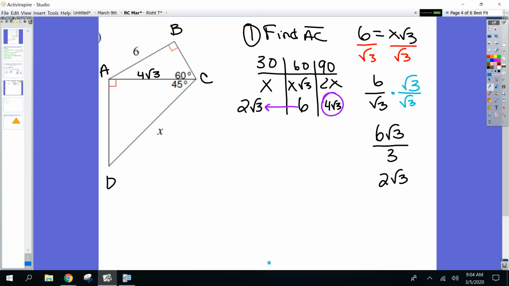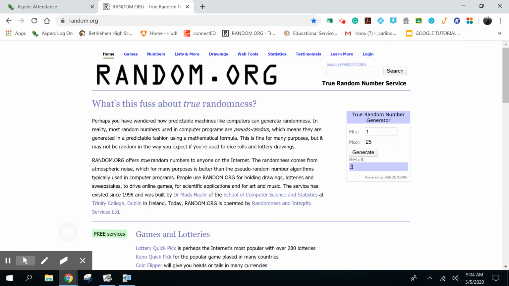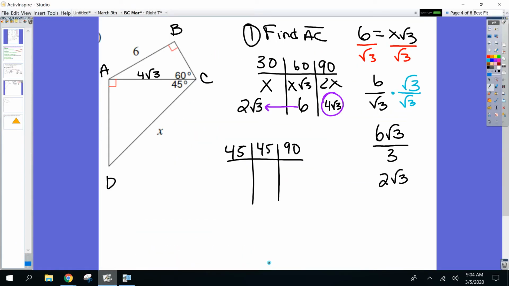Now we switch gears to what triangle? Dust them off. What are my rules? Where's the 4 radical 3 I just found across from in that triangle?